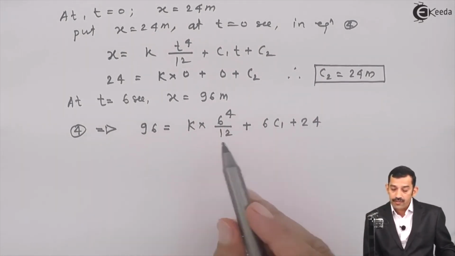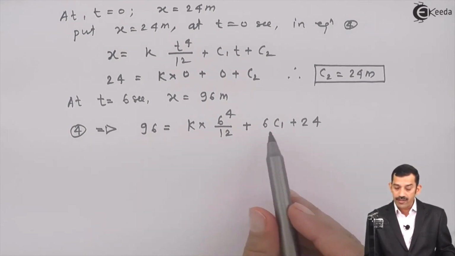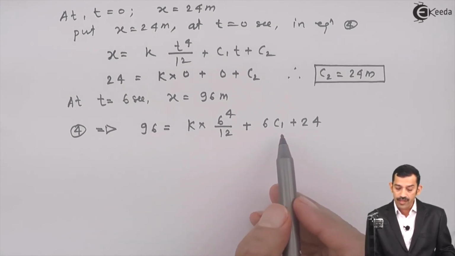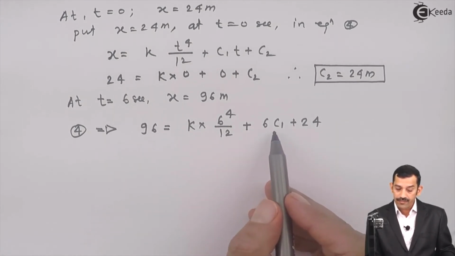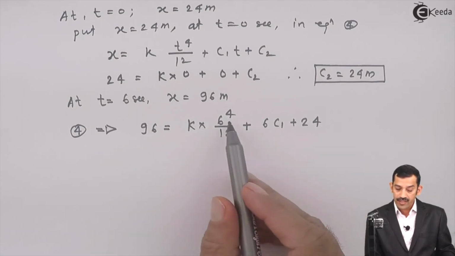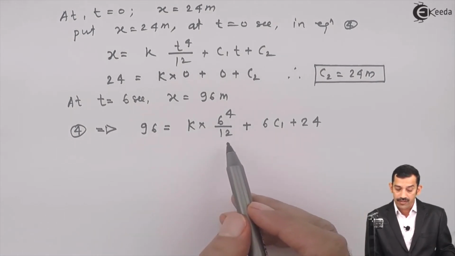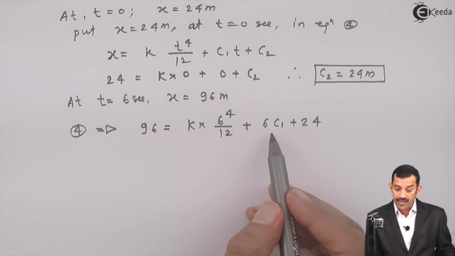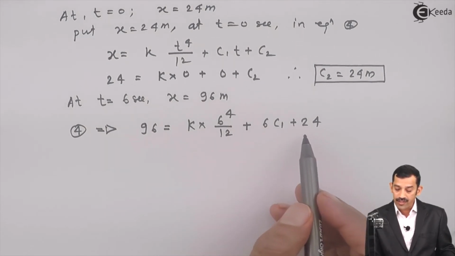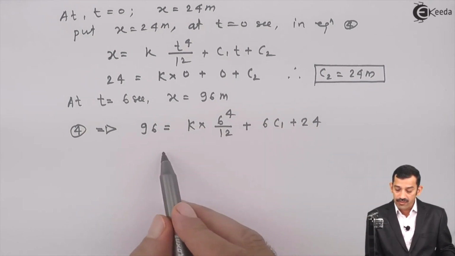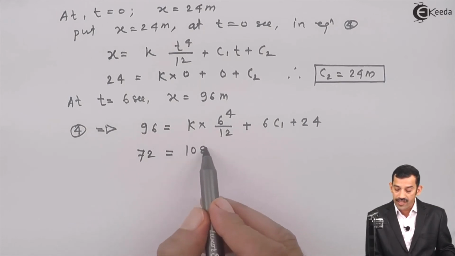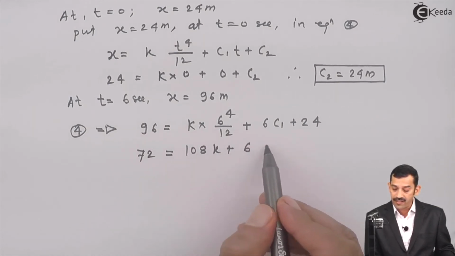Solving this, we cannot get c1 and k directly, but we get a relation between k and c1. 6 raised to 4 upon 12 gives some value, and from this, 96 minus 24 gives 72, which equals 108k plus 6 c1.